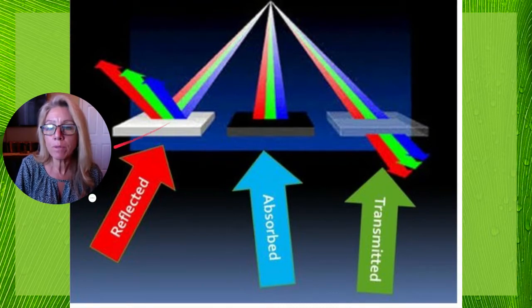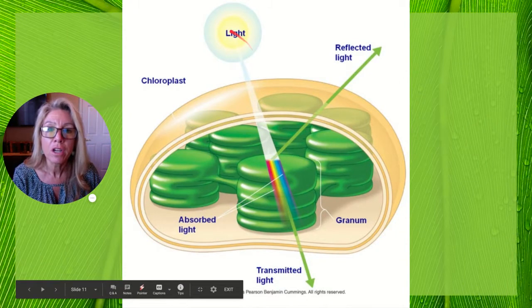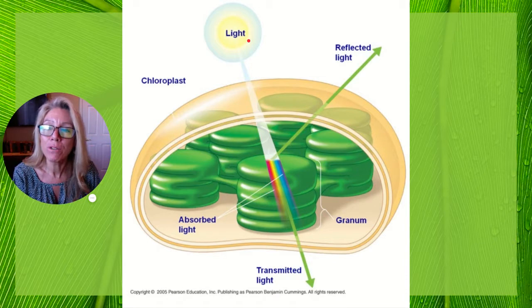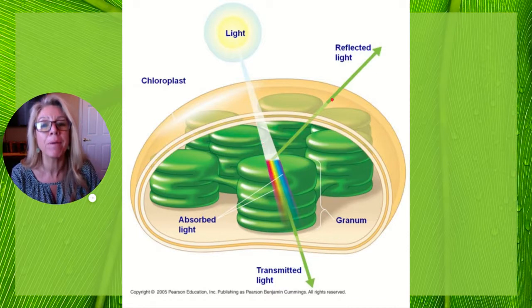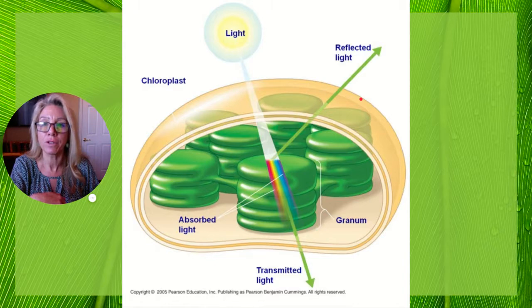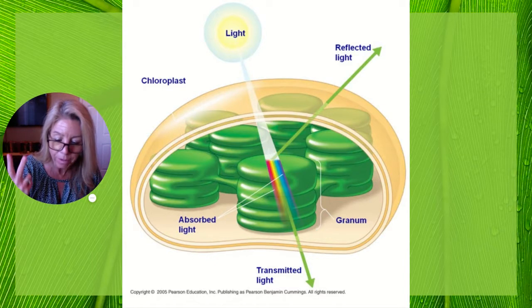And so you have what's called an absorption spectrum. One more picture here. So here comes light, and like my shirt, most plants appear green, so they must be absorbing those other wavelengths of light and reflecting back out that green light. And sure, some light is actually getting transmitted and moving right through it. So light is either absorbed, transmitted, or reflected.